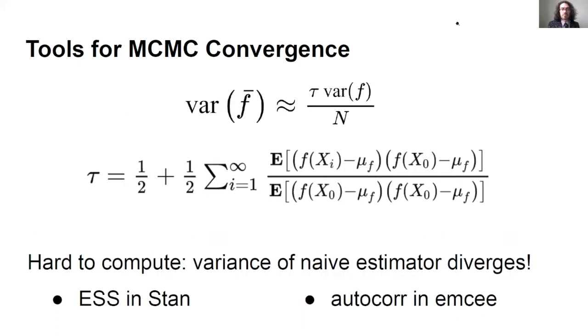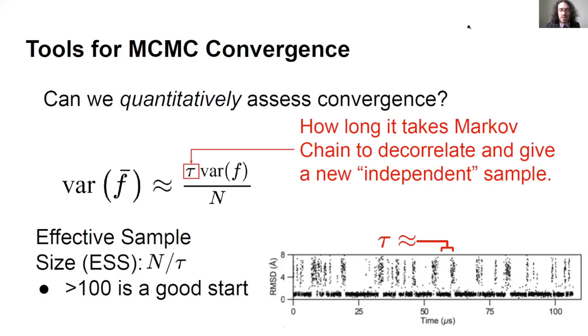The idea with the effective sample size is that if you just think about a naive average with independent samples, I know how the variance of that average converges. It converges as the variance of the function divided by the number of samples.